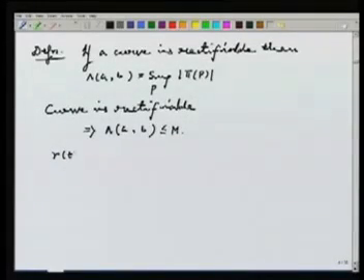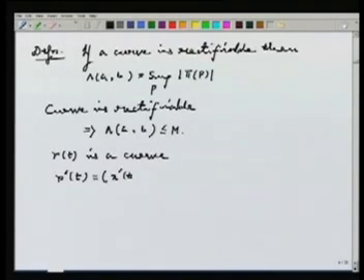Okay. So given a curve r(t), so x(t) and y(t) both are continuous functions, I define something called r prime t, which is given by (x prime t, y prime t), if it exists.